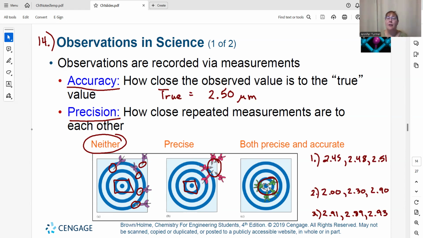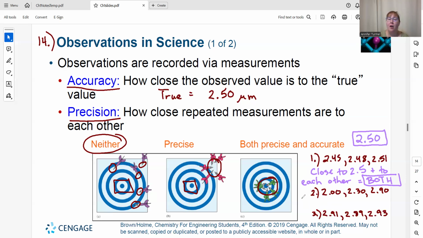What does this mean? This first one, remember that our target or our true value is 2.5. These are all very close to 2.5 and to each other. So this is both precise and accurate. This one, we have 2.0, 2.3, 2.9.